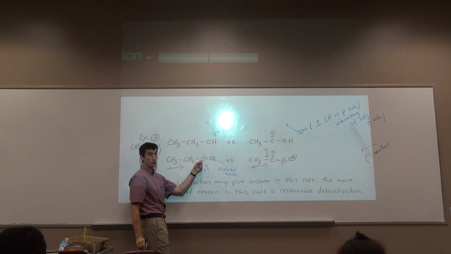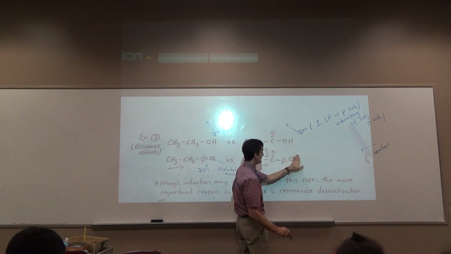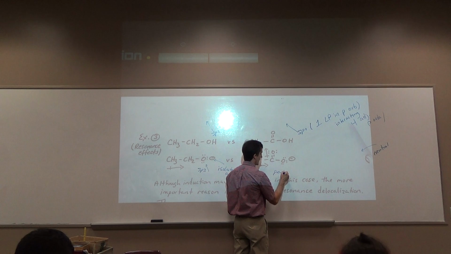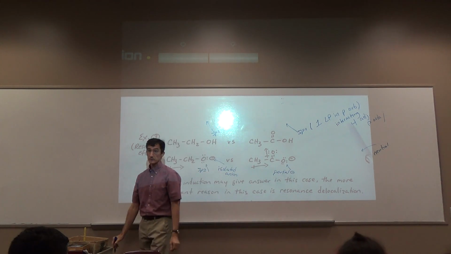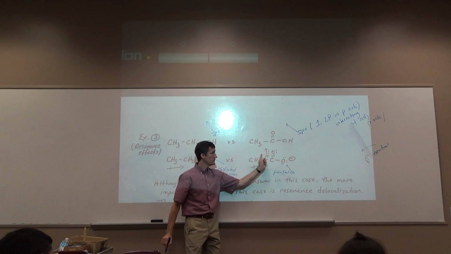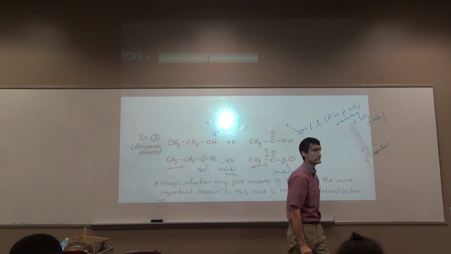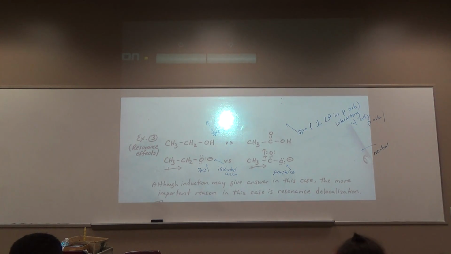The oxygen is full minus. That oxygen here is not really full minus, is it? It's really what? It's actually only partial minus. Because of resonance, this is not a full description of the true structure. Resonance we'll have to build.